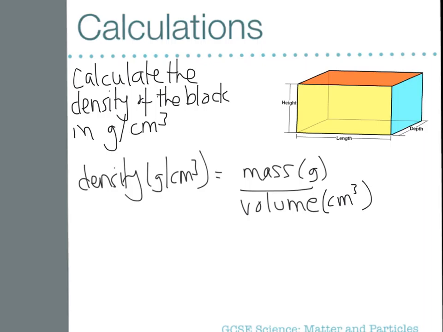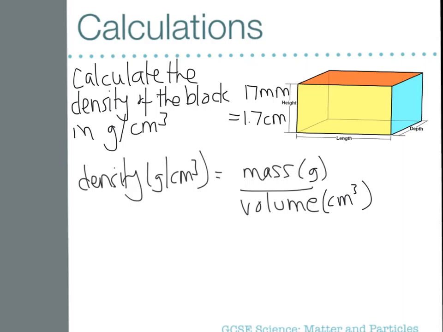So that means that if we're given the height, the length and the depth in anything other than centimetres, we need to change that. So say we're given the height as 17 millimetres, then we would need to change that to 1.7 centimetres by dividing by 10.